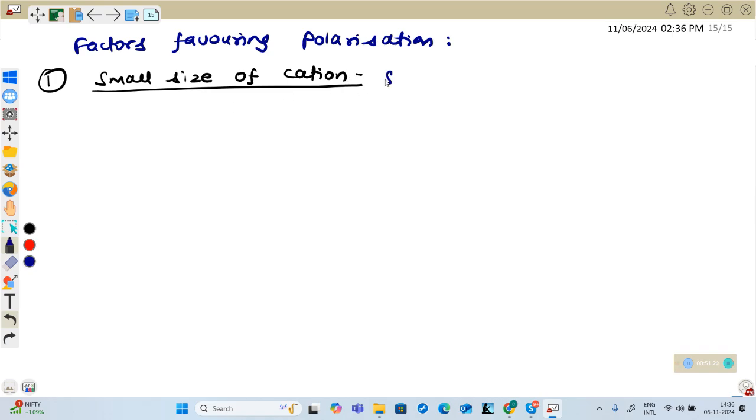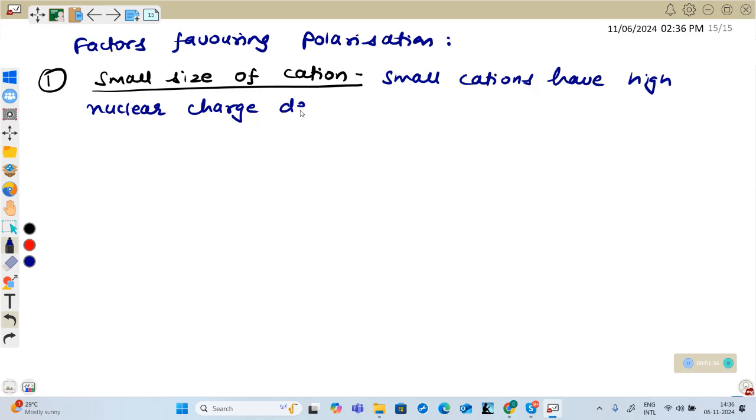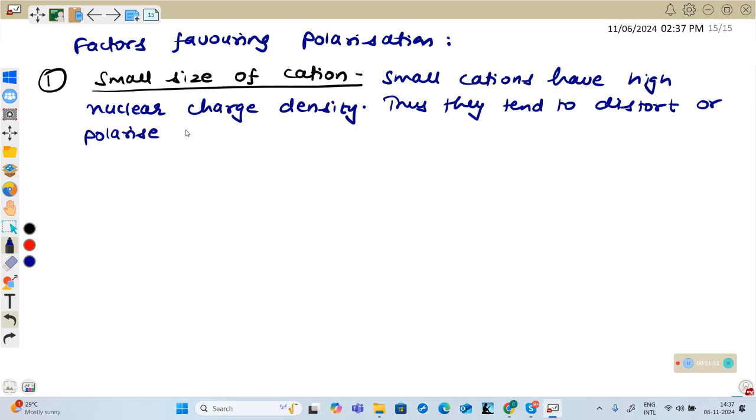Small cations have high nuclear charge density, thus they tend to distort or polarize the electron cloud of an ion to a greater extent.